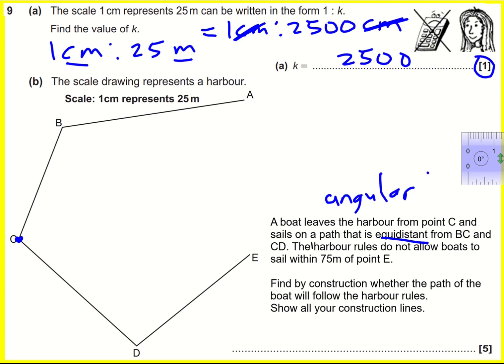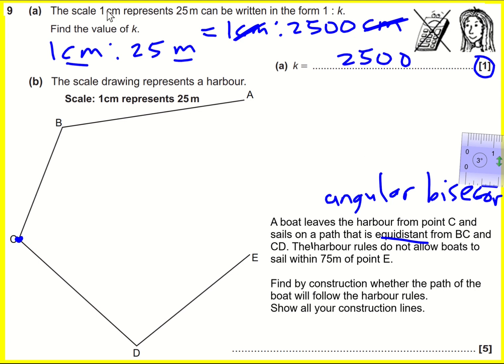That's the thing that splits an angle into two and gives me a line that will be equidistant. The harbour rules do not allow boats to sail within 75 meters of point E. Okay, so we need to deal with that as well. Find by construction whether the path of the boat will follow the harbour rules.